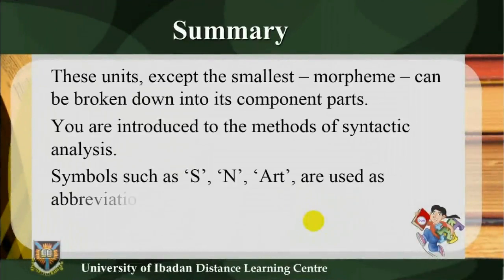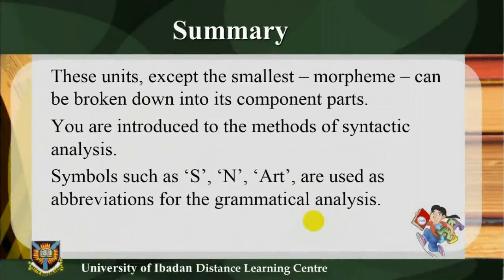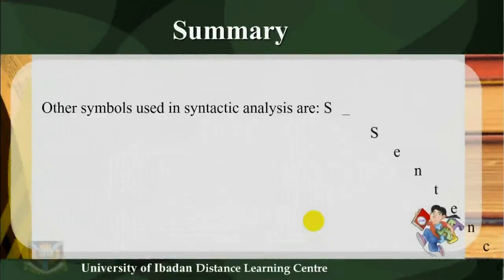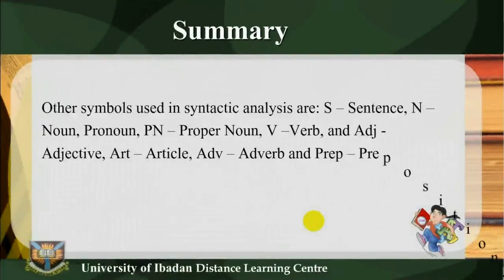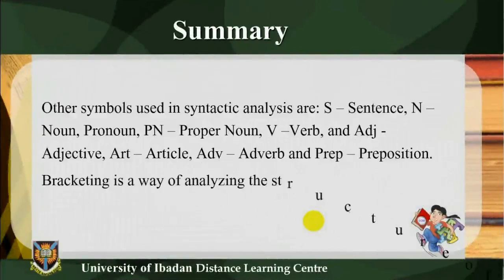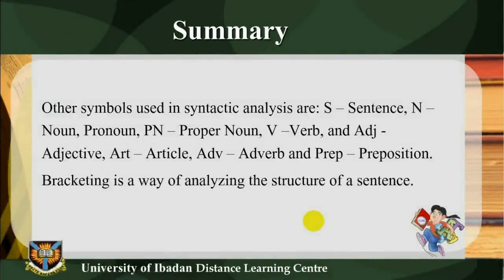You are introduced to the method of syntactic analysis. Symbols such as S, N, and det are used as abbreviations for the grammatical analysis. Other symbols used in syntactic analysis are S, sentence; N, noun; PN, proper noun; V, verb; adj, adjective; det, article; adv, adverb; and prep, preposition.